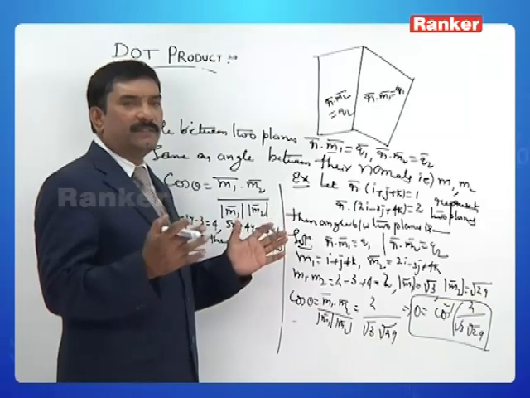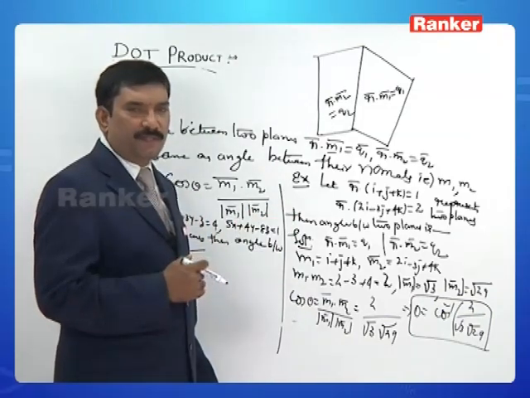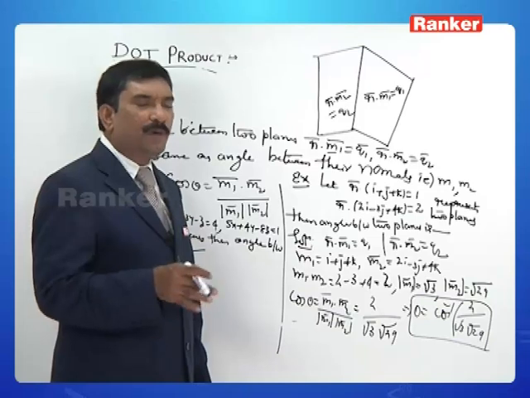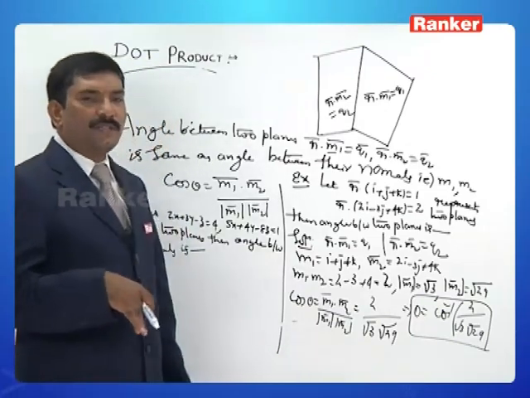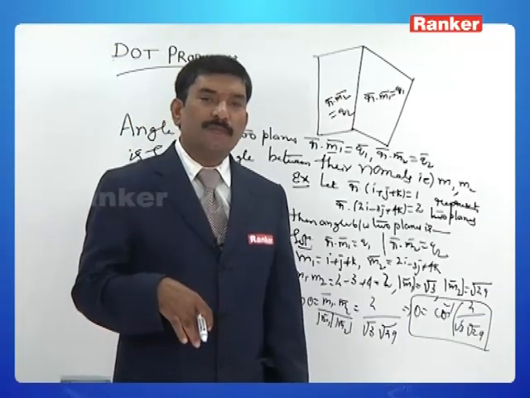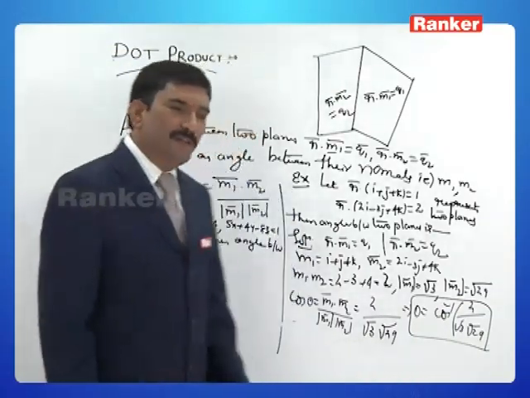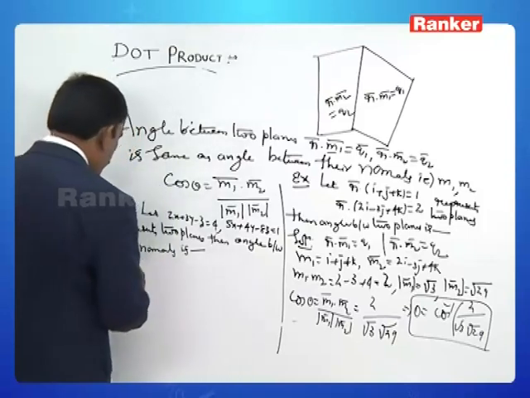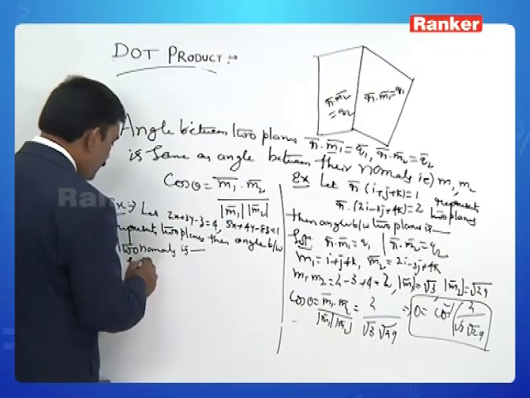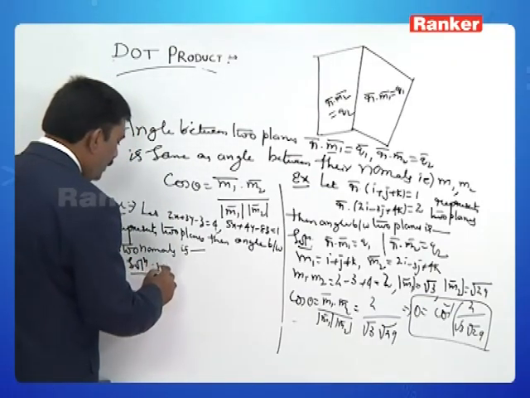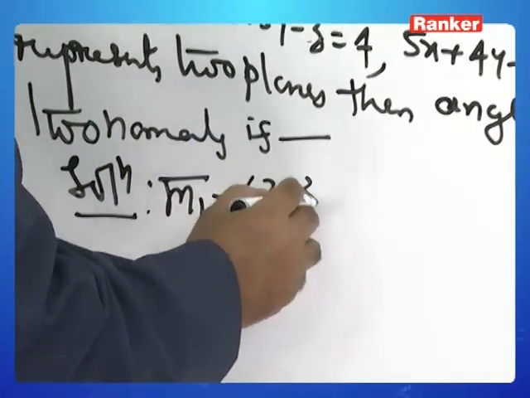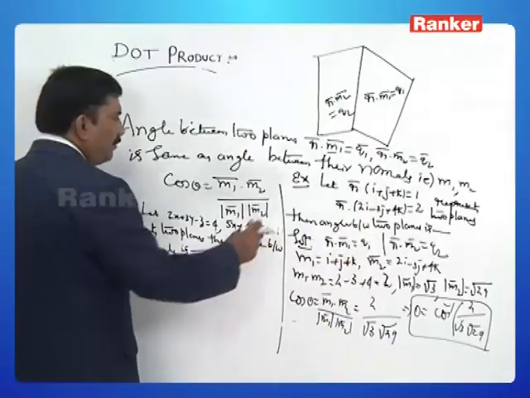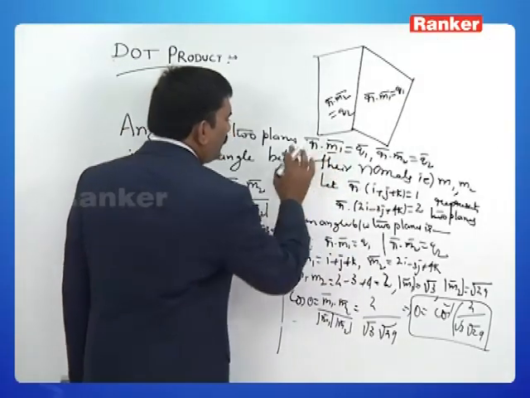How to extract? m1 bar is the coefficients of xyz. Meanwhile, m2 bar is also the coefficients of xyz. That constitutes m1 bar and m2 bar. So I can write the solution: m1 bar is equal to the coefficients of x, y, z: 2, 3, -1.